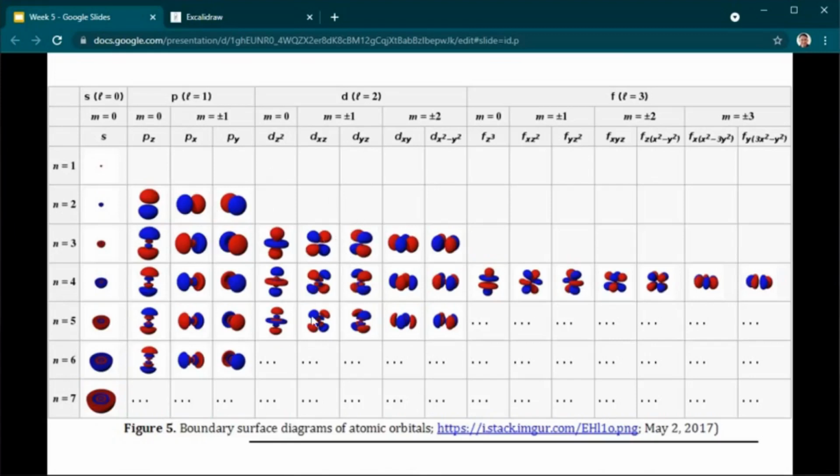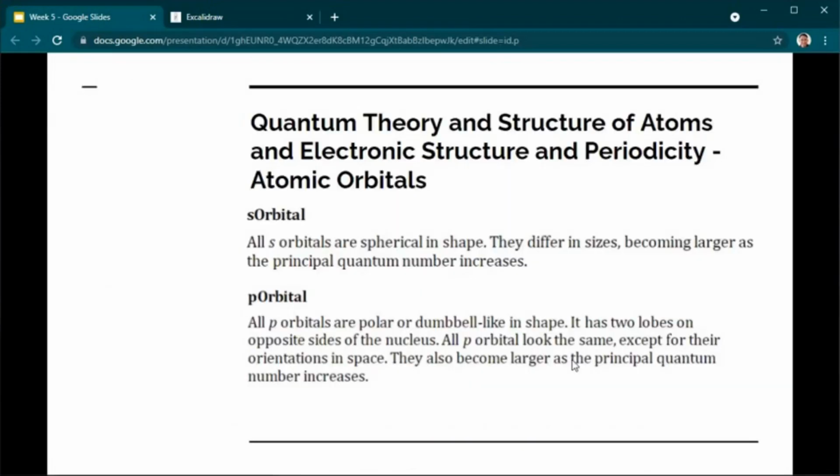Okay, four-leaf clover. This one is also, this is not a four-leaf clover since this is only on one plane. But anyway, that's it. And then when we proceed and we have more subshells, the shape is getting more and more complex.